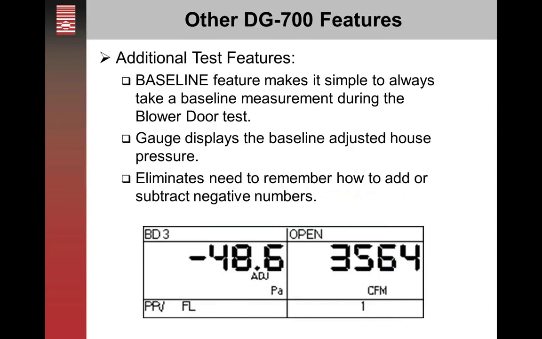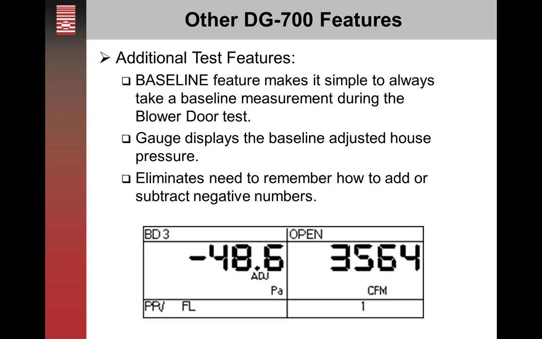Some additional test features with the DG700 is a baseline feature. Now the baseline is we actually want to take a test that adds 50 pascals of pressure. Now the house, when it's sitting there, will have some sort of natural pressure value.